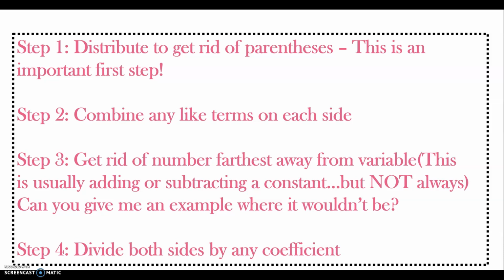Third, we want to get rid of the number farthest away from the variable. This is usually adding or subtracting a constant. It's not always, but most of the time it will be either adding or subtracting that constant. And then step 4, we're going to divide both sides by our coefficient. I should say multiply or divide by our coefficient.